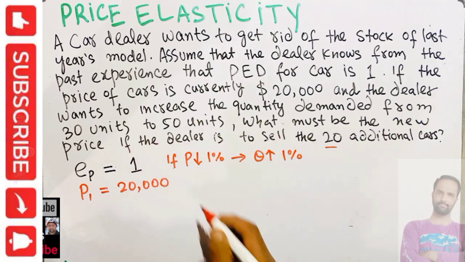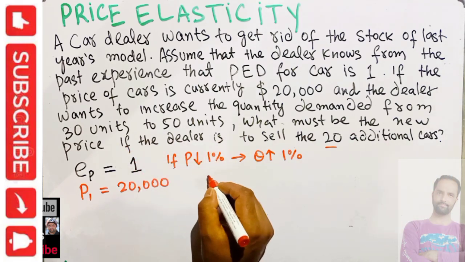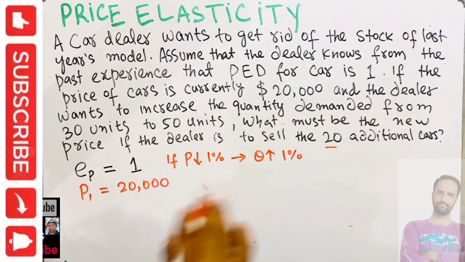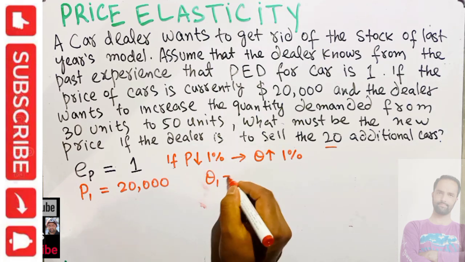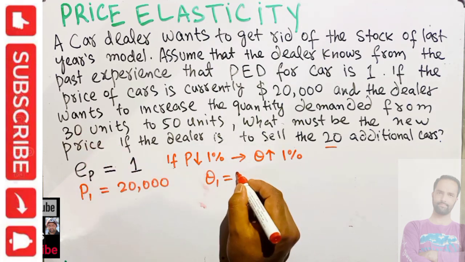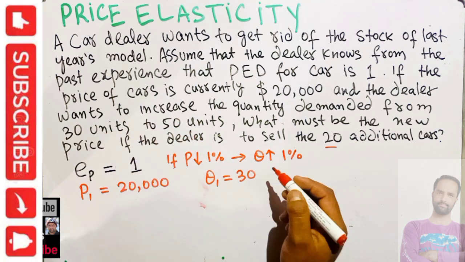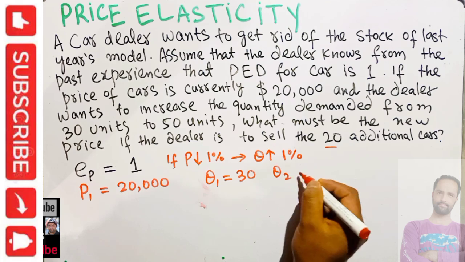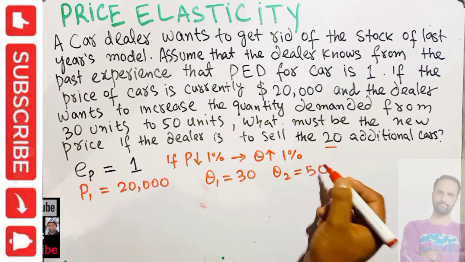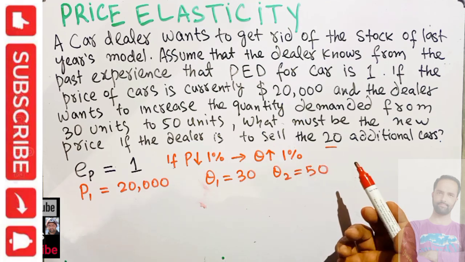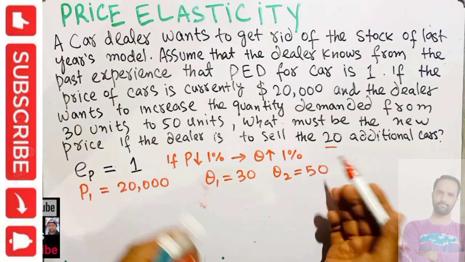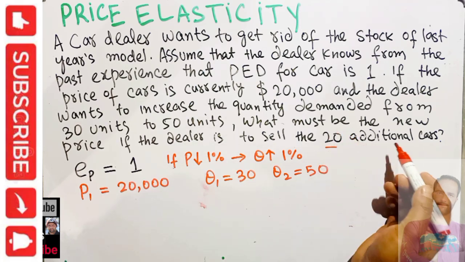That means initially the quantity demanded was 30 units. Now the dealer wants a quantity demanded of 50 units. We are asked what the new price must be so that he can sell 20 additional cars.